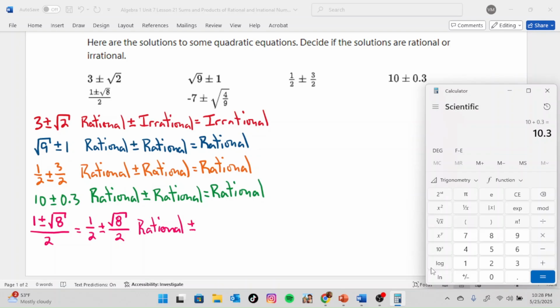And if you put it in a calculator, you see that you get an irrational number.